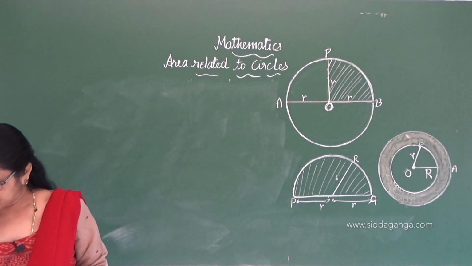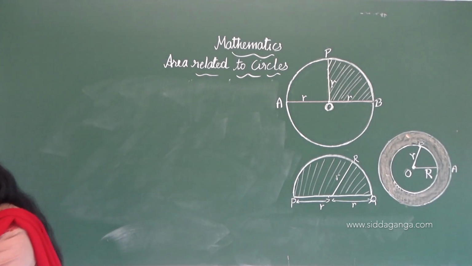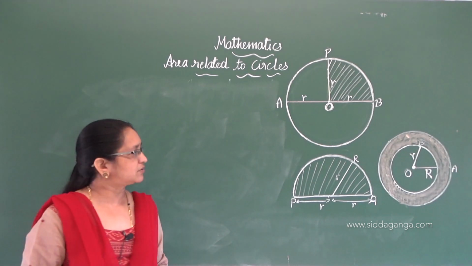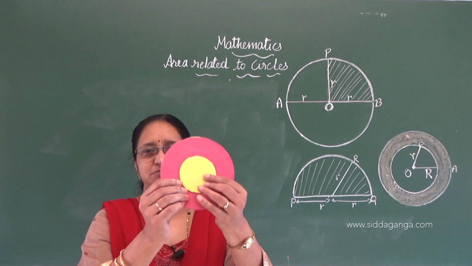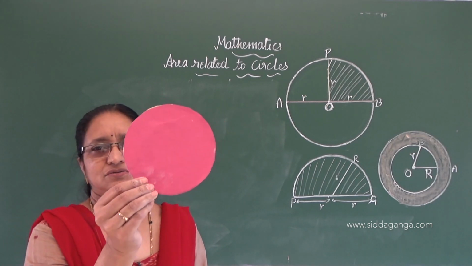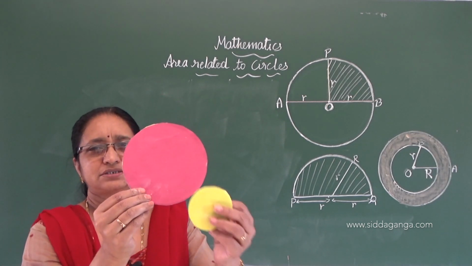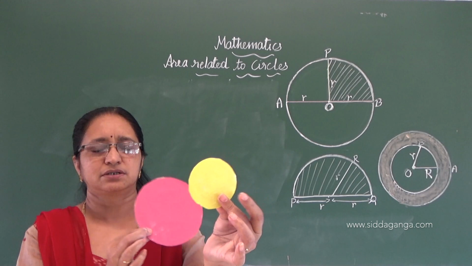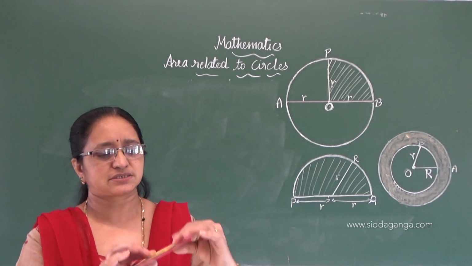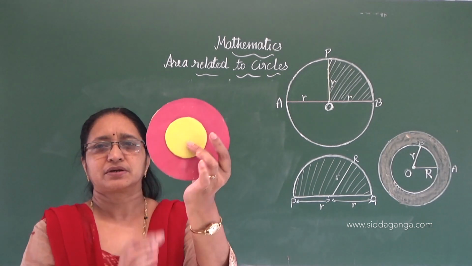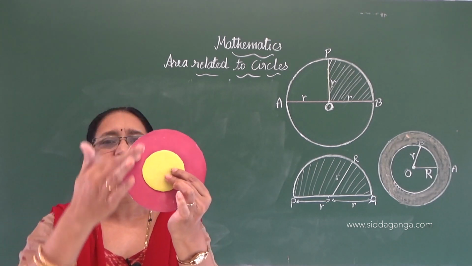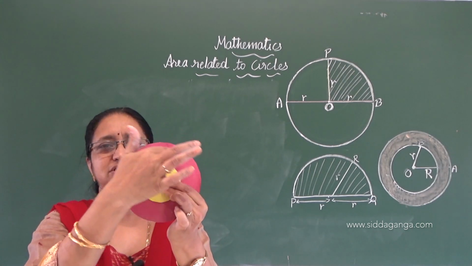Here I'll show you one small teaching aid I brought for you. Just observe here. This is one bigger circle and this is another smaller circle. Suppose I overlap this like this, how do we find the region which is left?